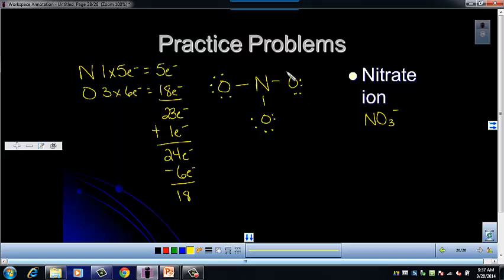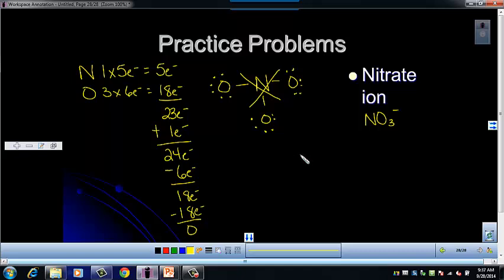And when we add those up, there are 3 oxygen atoms with a total of 6 electrons each, so we're going to subtract our 18 electrons. We've used all of our electrons, so we want to check for a full octet on our central atom. It does not have one, so this cannot be the correct structure. Nitrogen is not a deficient atom. So that means we need to do what? Hopefully you're saying try a double bond.